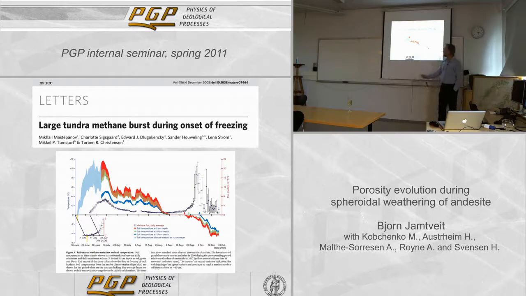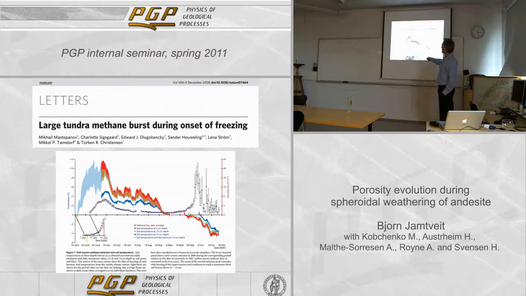So they had this measuring station where they actually measured how much methane, that curve here, came out of the ground. So they were measuring and measuring through the year until, this is June here, August.